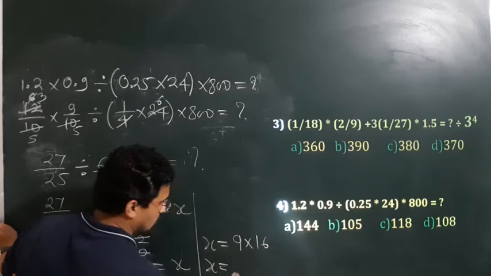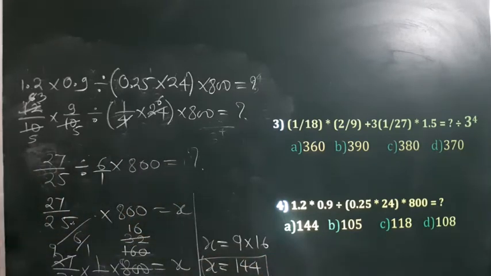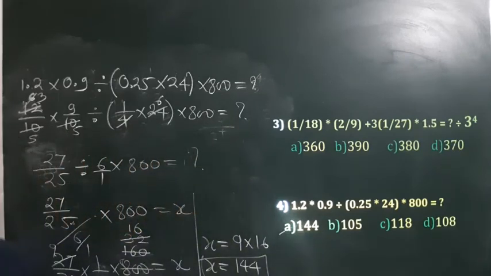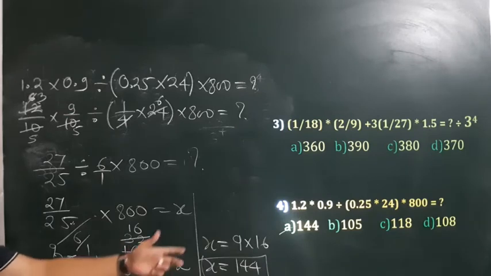So X is equal to 144. 16 into 9 is nothing but 144. So the answer is A. Yes, correct. You can solve it by any method, but the answer will be the same.